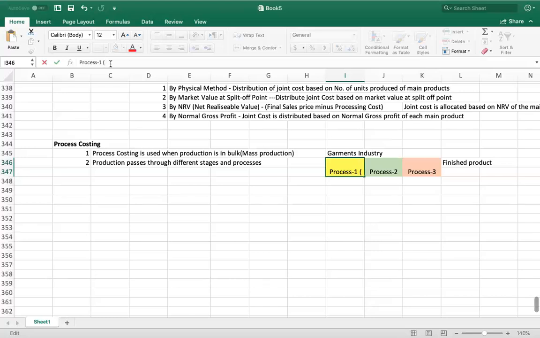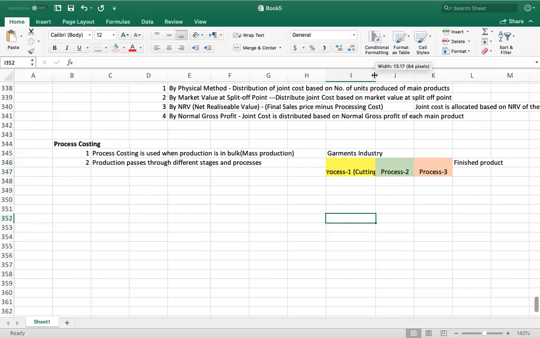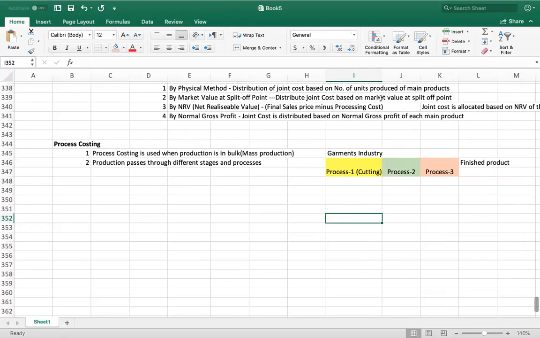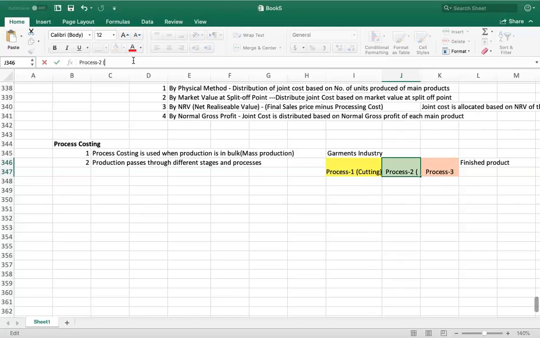Our basic raw material is cloth, cotton. First we cut, so this is our cutting process. We cut all patterns of trousers and shirts, everything. Once cutting is completed, it goes to the second process. You ladies know better: after cutting, what do we do? Stitching.